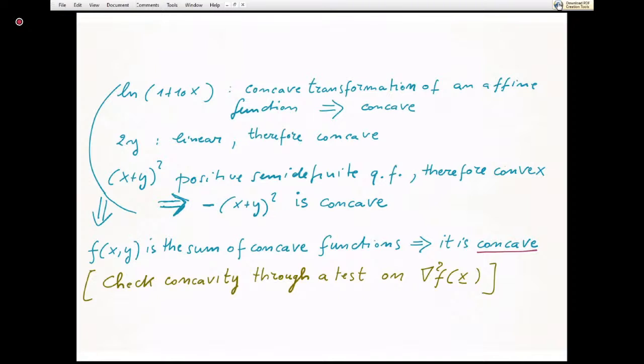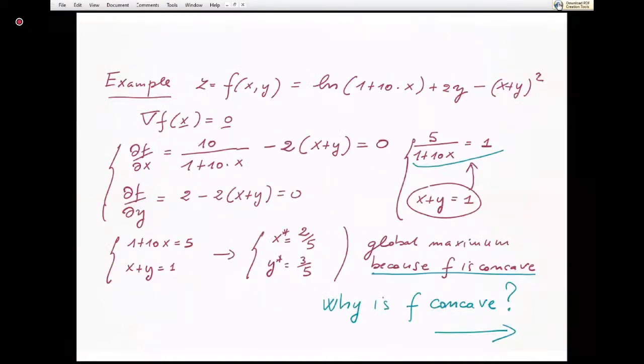If you can't make it with the general criteria in at least 50% of the cases, you will be able to look at the second derivatives and conclude that for any x in the domain, the Hessian matrix is, in this case, negative semi-definite or negative definite. I don't know because I didn't try, but they are elementary functions, so very easily you will find that it works.